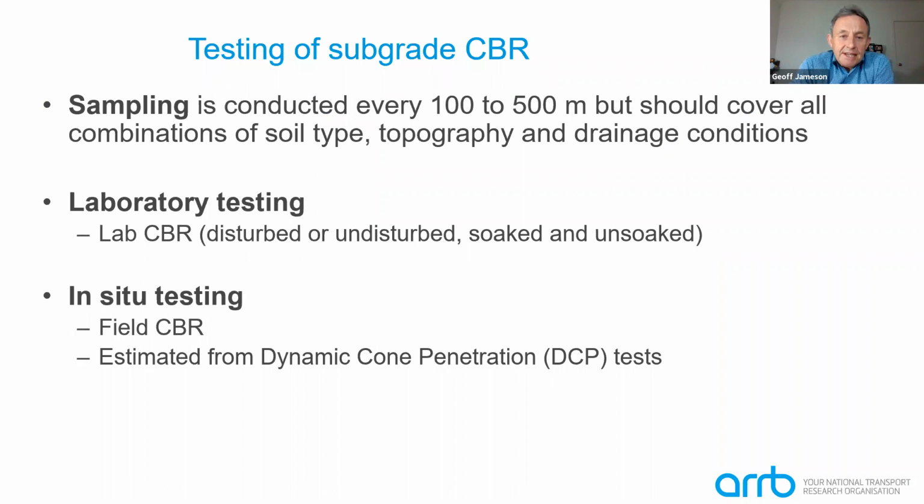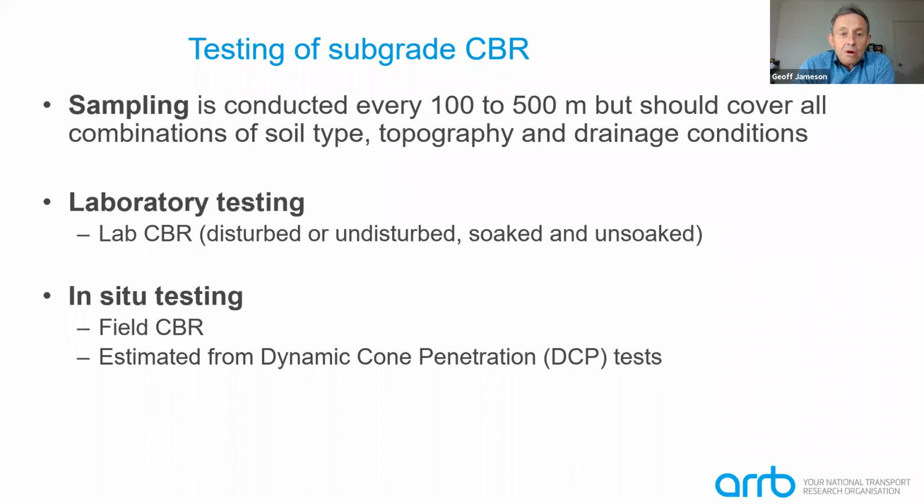In terms of testing for the subgrade CBR, the sampling that's done along a project is very important, and this describes the sort of limited testing that might be commonly done. The subgrade might be sampled at intervals of 100 to 500 metres along a project.